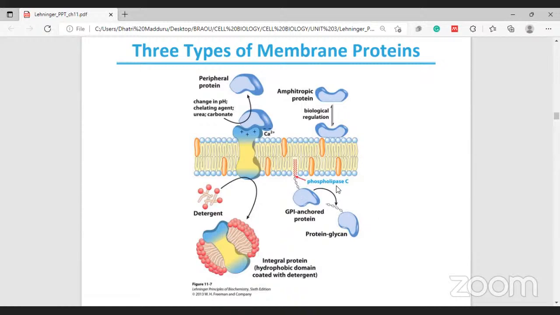So here you need enzymes for treatment. For integral protein, it is very strong, so you need treatment with a strong detergent, so that the entire portion along with some lipids will be removed. So this is how we can remove the membrane proteins from the membranes.